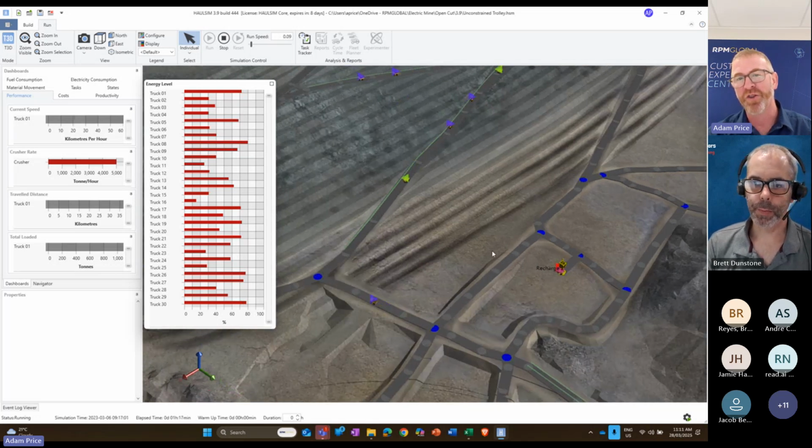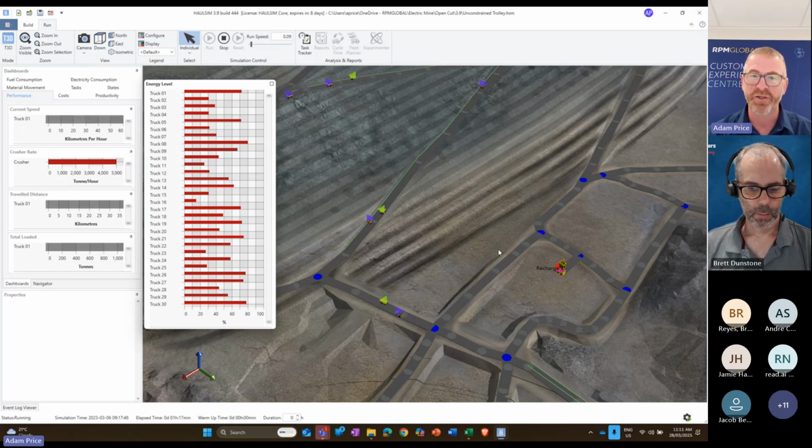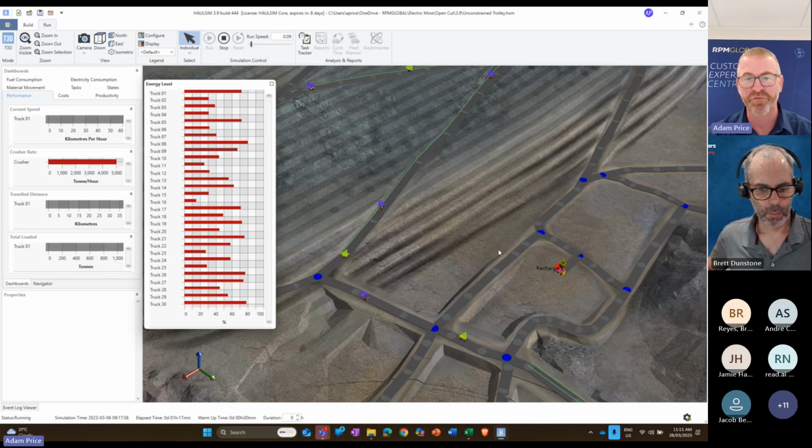So one of the reasons why modelling haulage is so tricky is that the trucks don't drive around at a constant speed, and the change in speed that they have as they drive around is not just a normal acceleration deceleration like you can kind of do if you're modelling a factory.